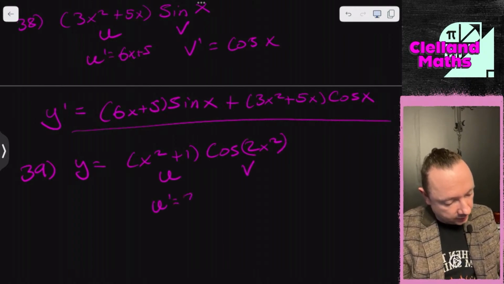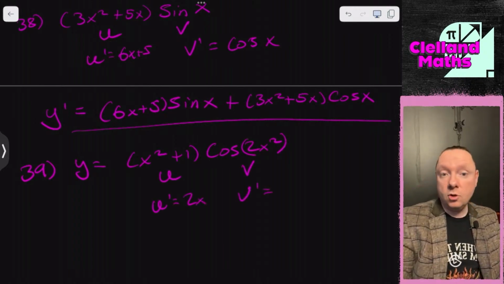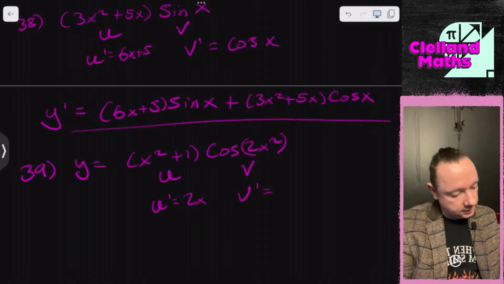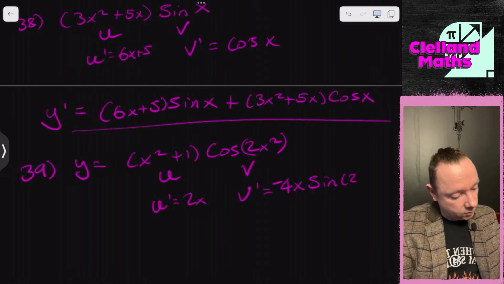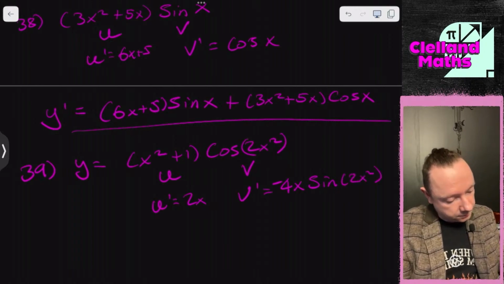u dash is 2x. v dash is a chain. It's going to be, well, 2x squared differentiates to 4x, and then cos differentiates to minus sine, I almost missed it, of 2x squared. There we are.